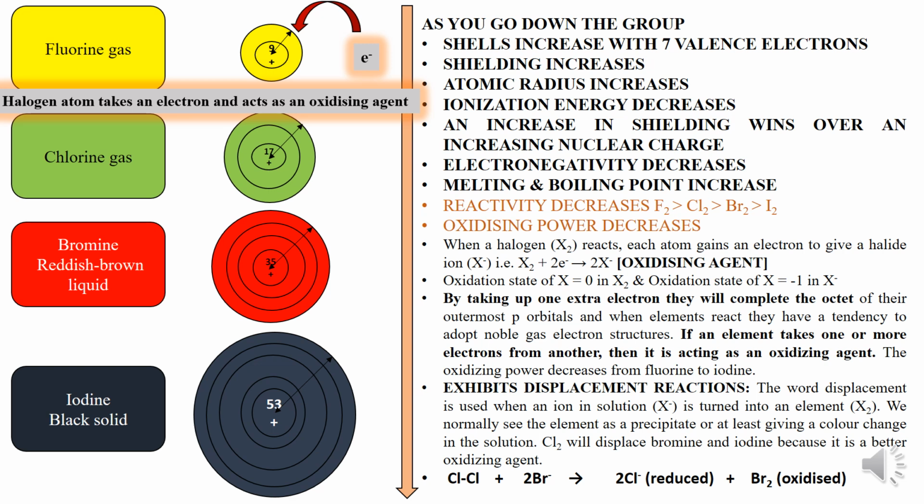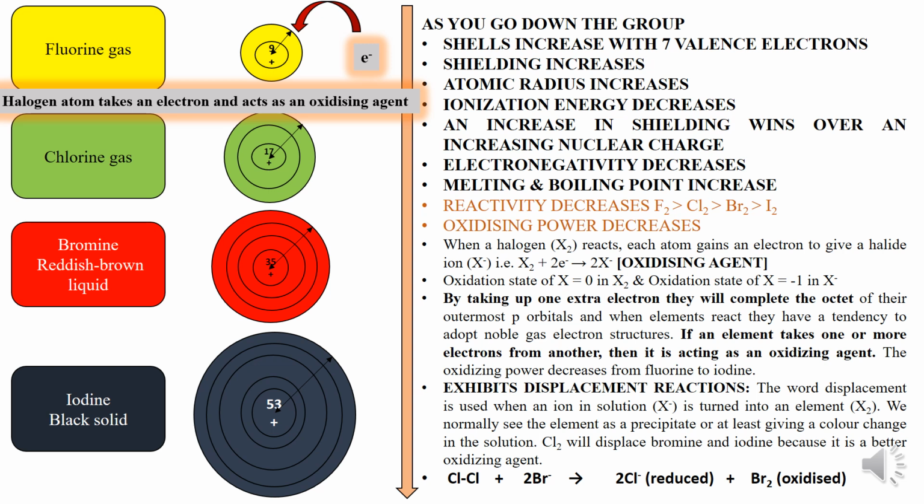So all these factors together contribute towards the reduction in the oxidizing power going down the group. Now when a halogen reacts, each atom gains an electron to give a halide ion. And that is how the halogens act as oxidizing agents.